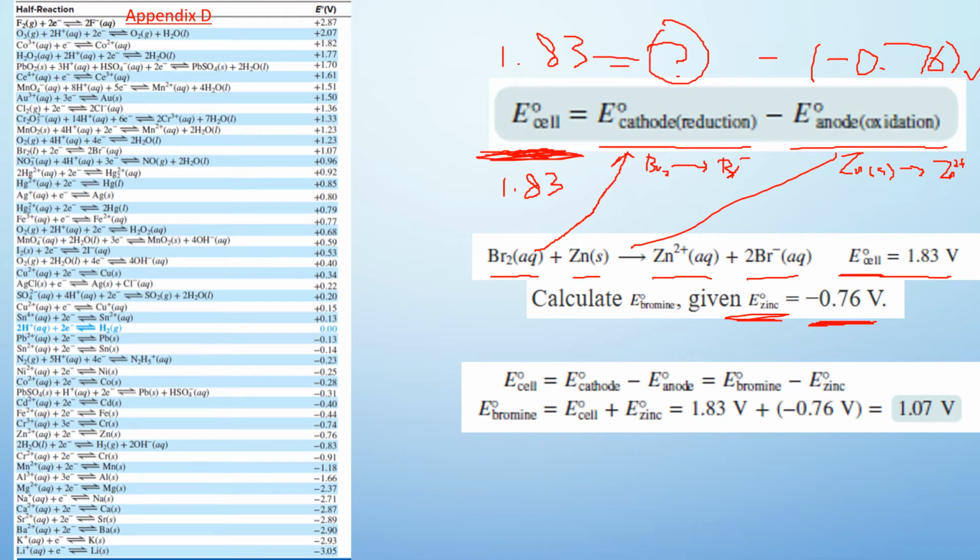All you need to do is move this term to the left hand side. So the standard half cell potential for bromine to bromide is going to be equal to 1.07, and you can confirm that using the appendix. For bromine to bromide, it is here, and you can see the value is 1.07.